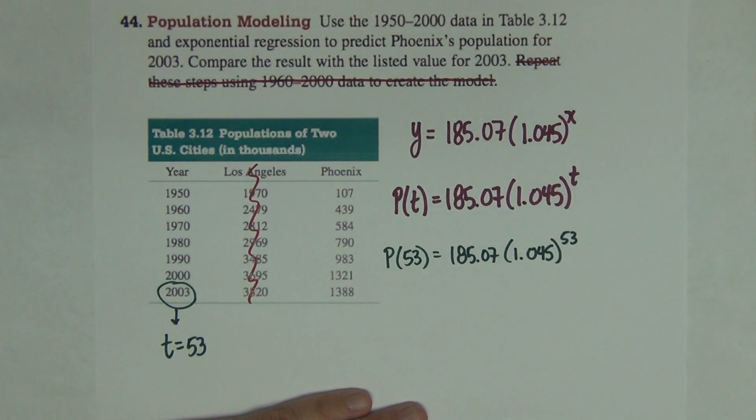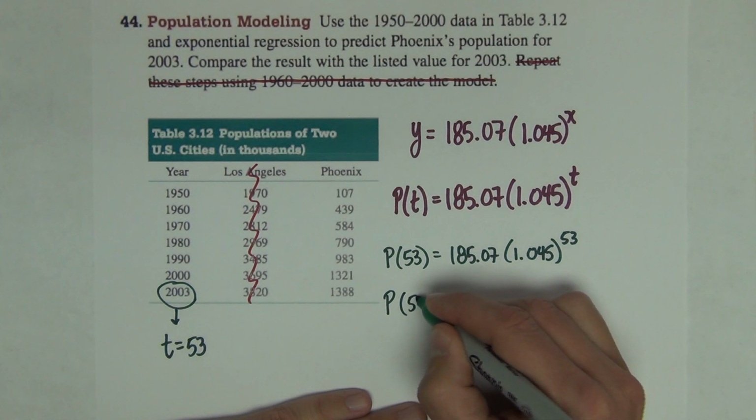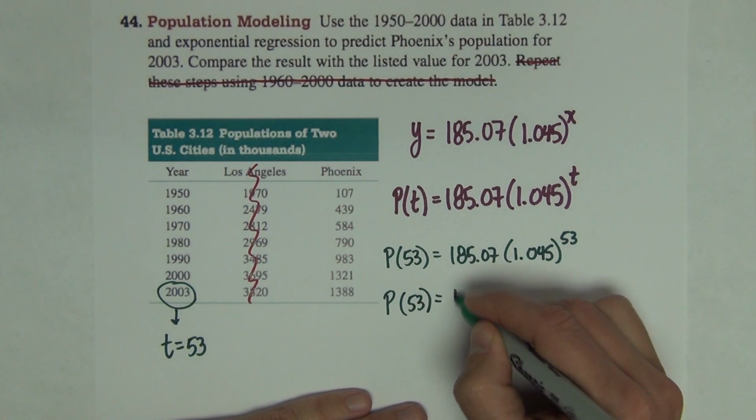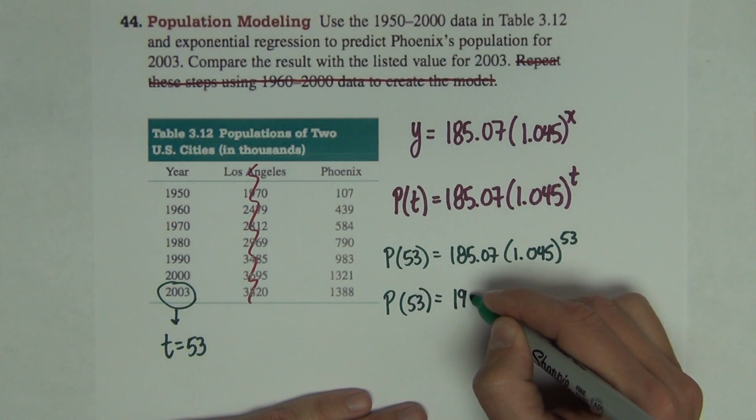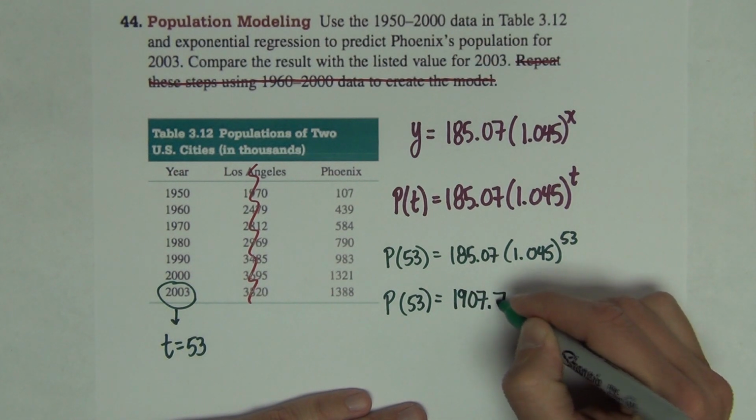This is all calculator work. We just need to type this in and work it out. When I do that, I get P of 53 equals 1,907.7.